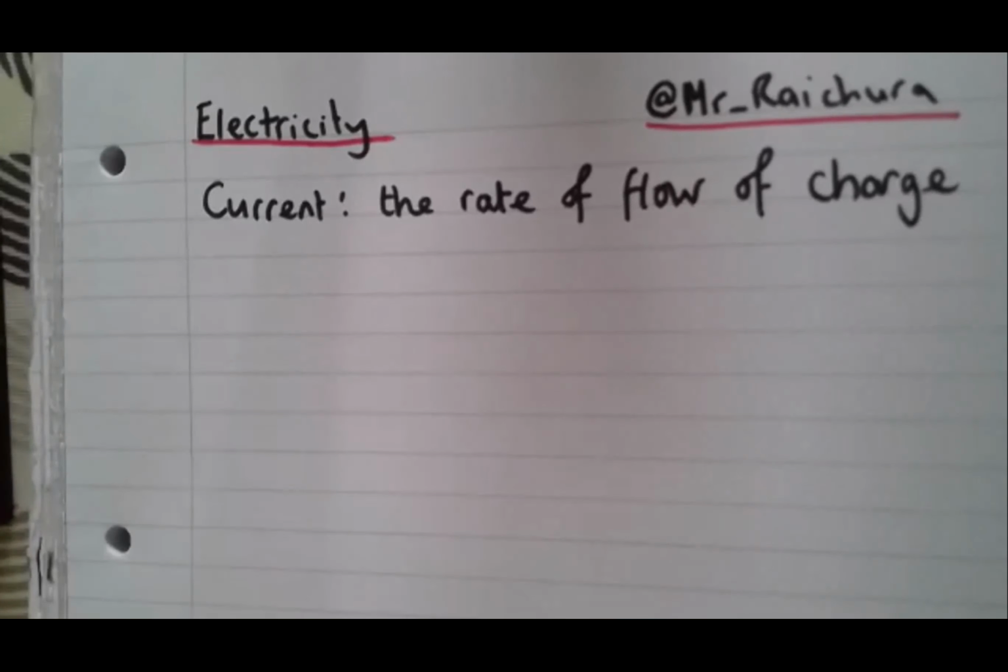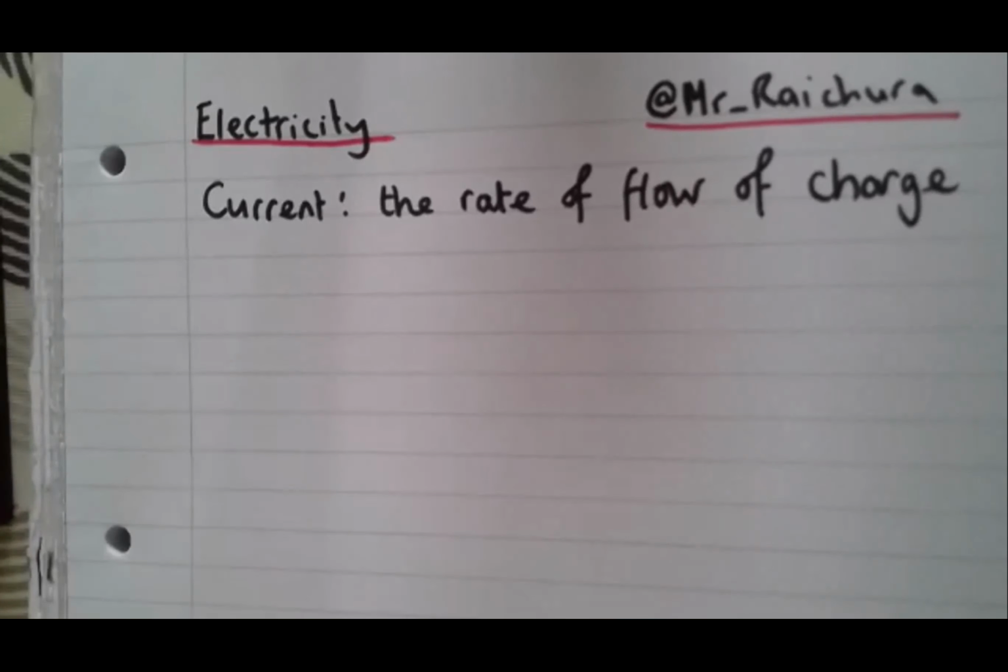If the current was larger, then I would have a higher rate of flow of charge. I might find that in 1 second, I get 1, 2, 3, 4, 5, 6, 7 electrons. And so because my electrons are moving more quickly, the rate of flow of charge is higher, and therefore my current is higher.